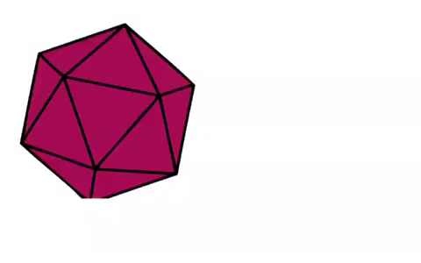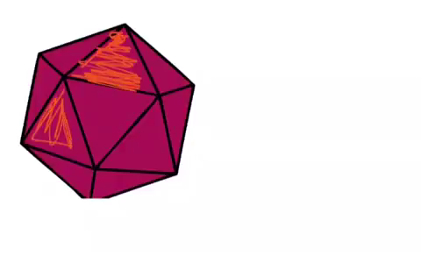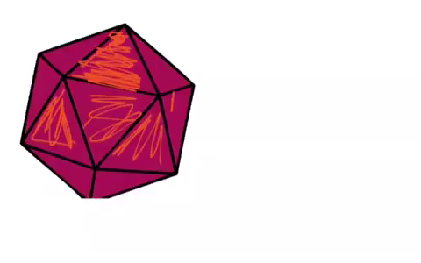Okay, so right here we're going to go over the terms faces, edges, and vertex. In red, this right here is a face. This is a face, this is a face, this is a face. Those are all your faces.